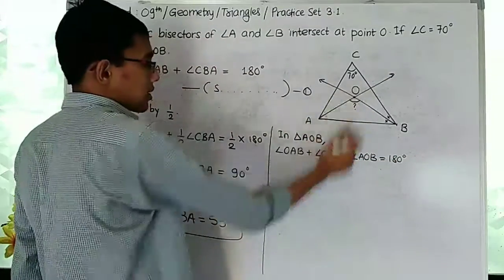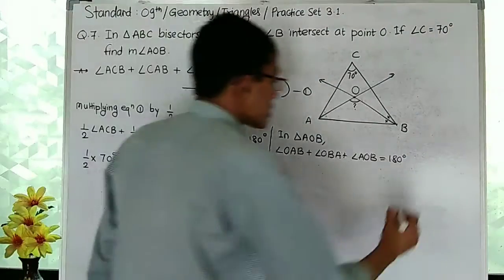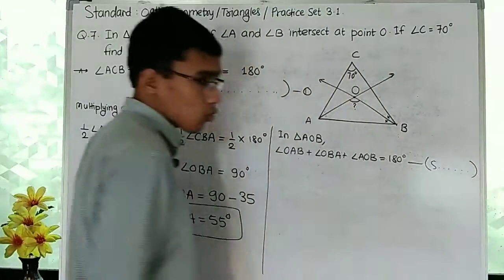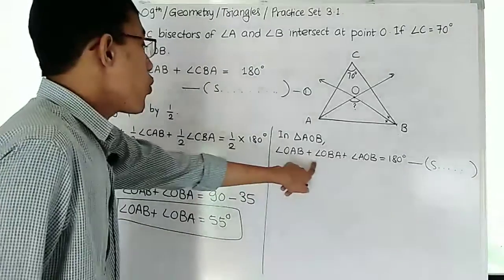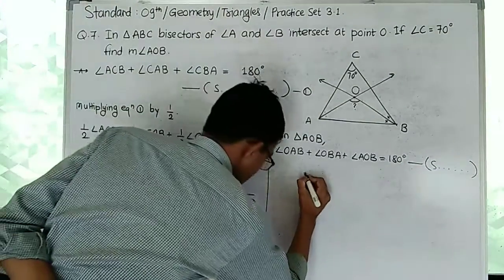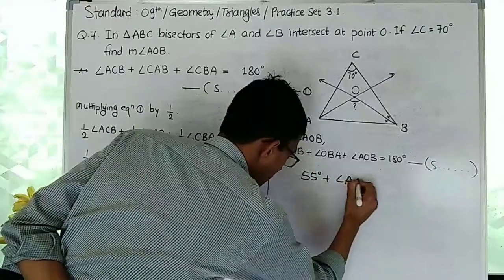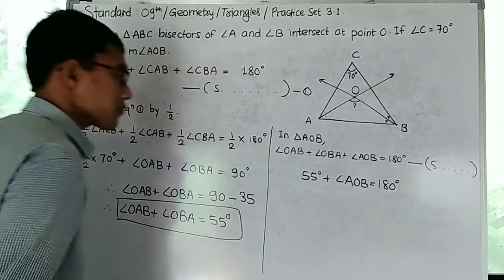As this is a triangle, the sum of all the angles will be 180 degrees. We have to write down the reason: the sum of measures of all angles in a triangle is 180 degrees. Now we have angle OAB plus angle OBA equal to 55 degrees, so 55 degrees plus angle AOB is equal to 180 degrees.